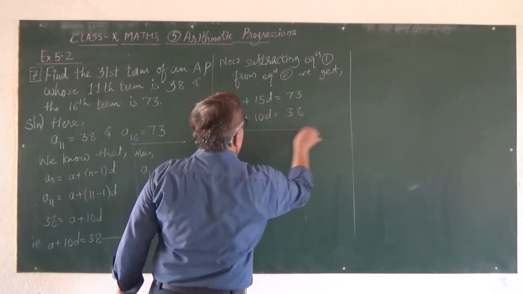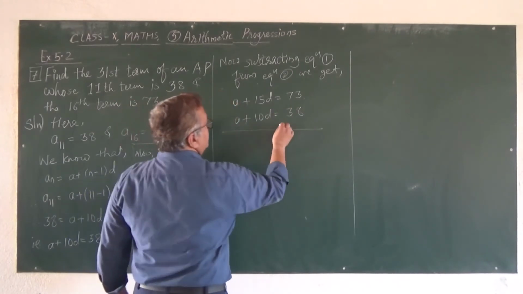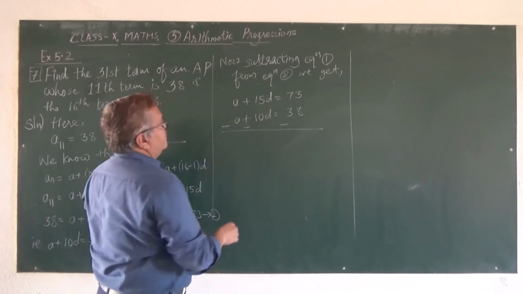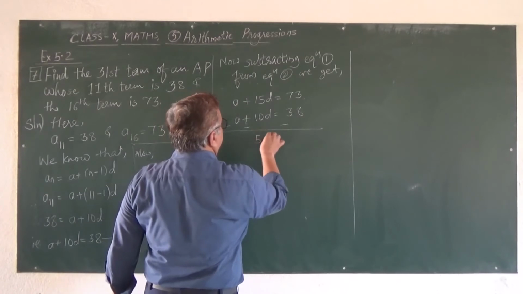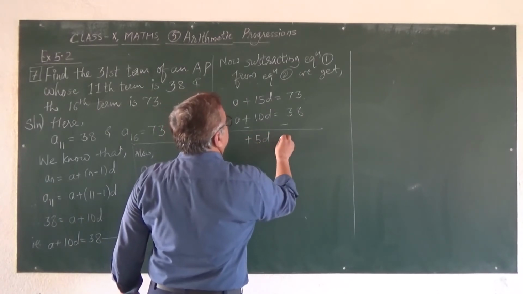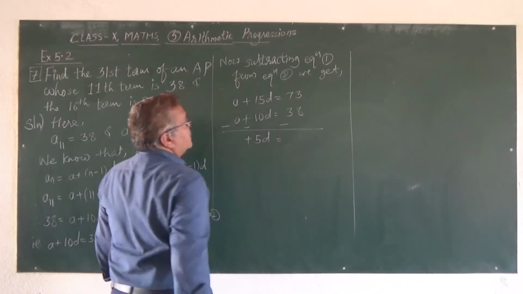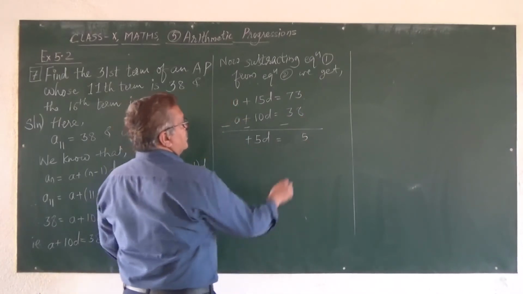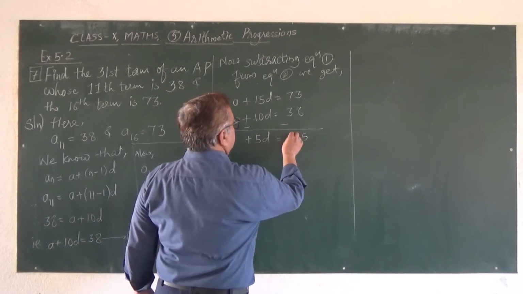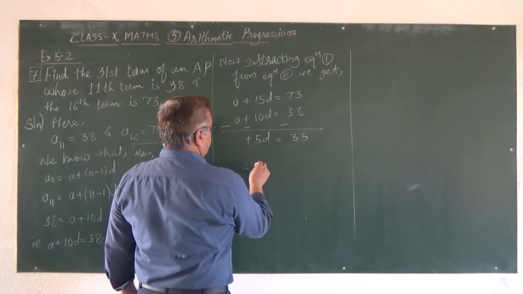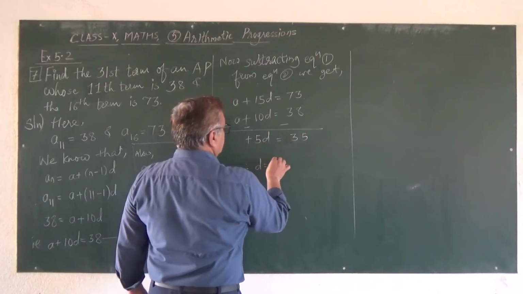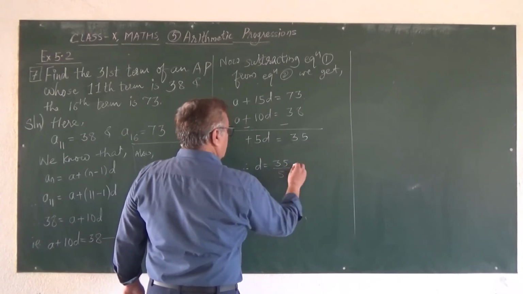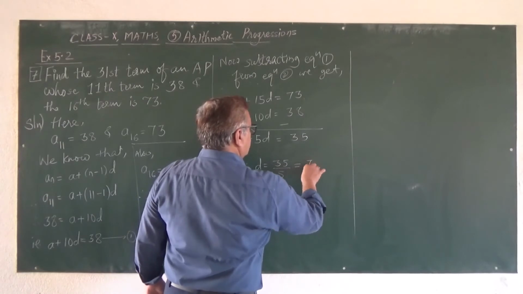Subtract: a minus a cancels out. 15 minus 10 is 5d, equal to 73 minus 38, that is 35. Therefore d is equal to 35 upon 5, so d is equal to 7.